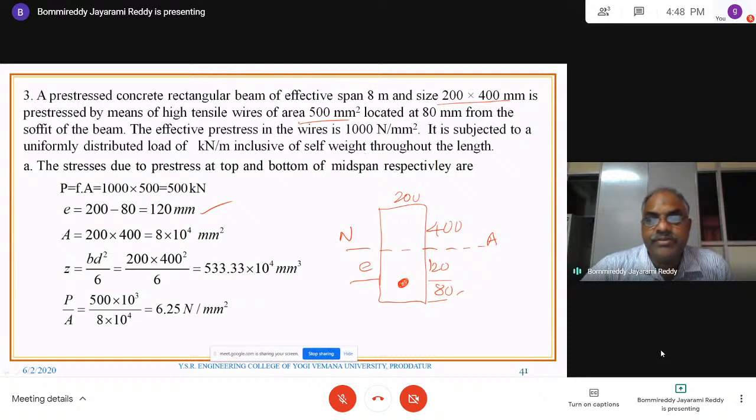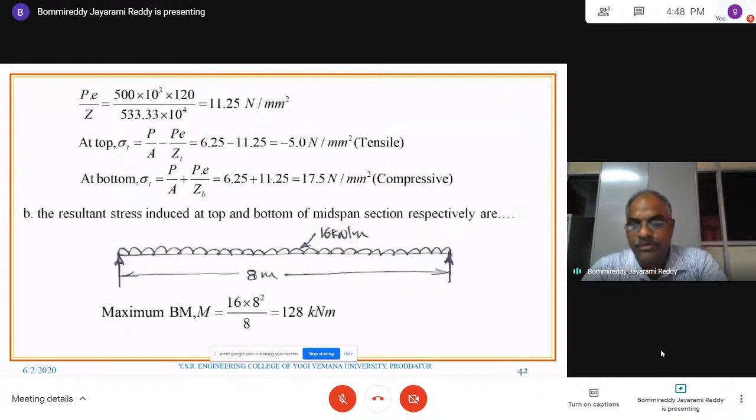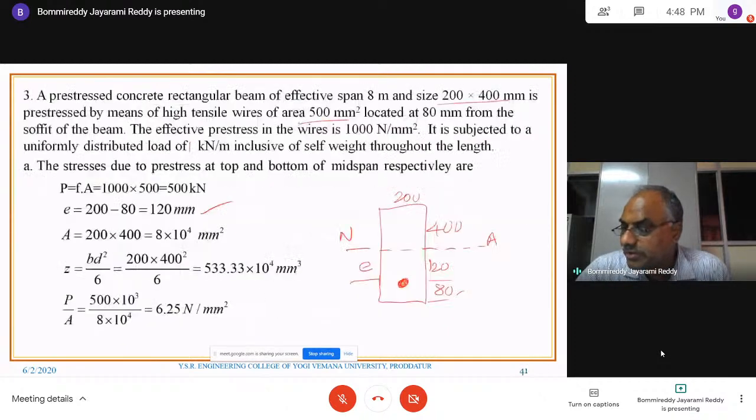The effective pre-stress in the wires is 1000 Newton per mm square. It is subjected to a uniformly distributed load of 16 kilonewton per meter inclusive of self weight throughout the length. The question is the stresses induced at the top and bottom at midspan. Already discussed this.